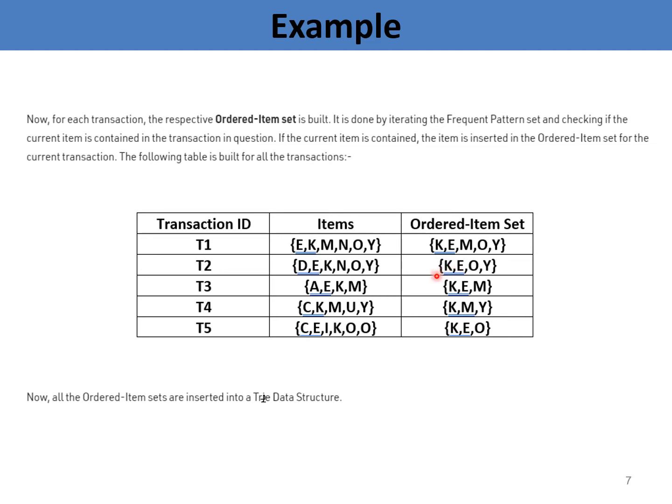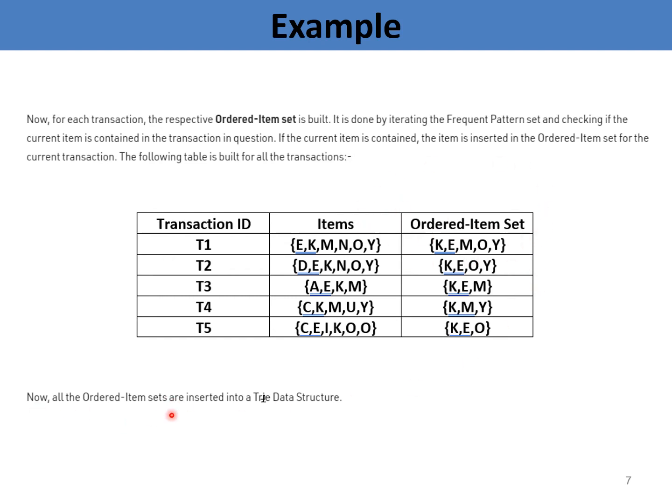K is present here, so we write K. Then E is present here, so we write E. In the same way, we have made the ordered item lists.